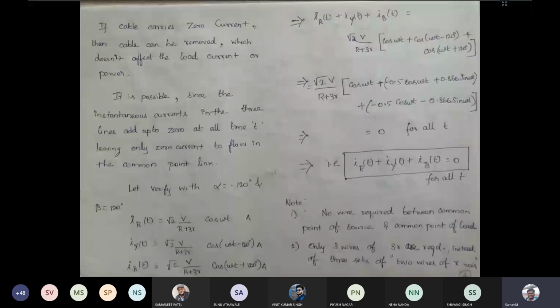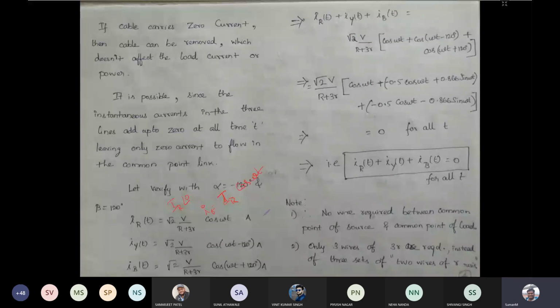The same explanation which I had given before is given here. Instead of taking I angle 0 or IR angle 0, I have directly given IR as the instantaneous current, that is equal to IR into cos omega t.